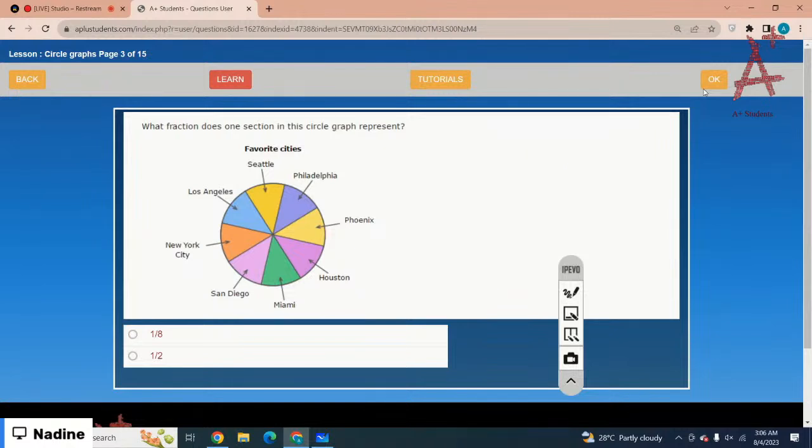Okay, what fraction does one section in the circle graph represent? So, which is the correct option? The correct option is 1 out of 8, because the graph has total 8 sections. So one section is worth 1 out of 8.